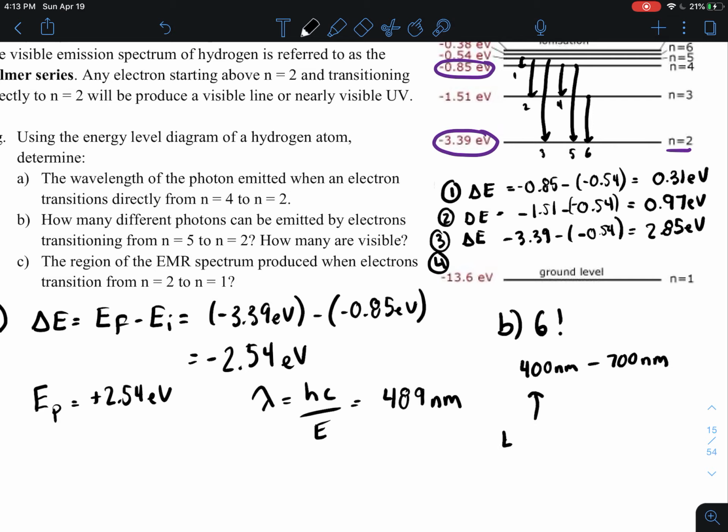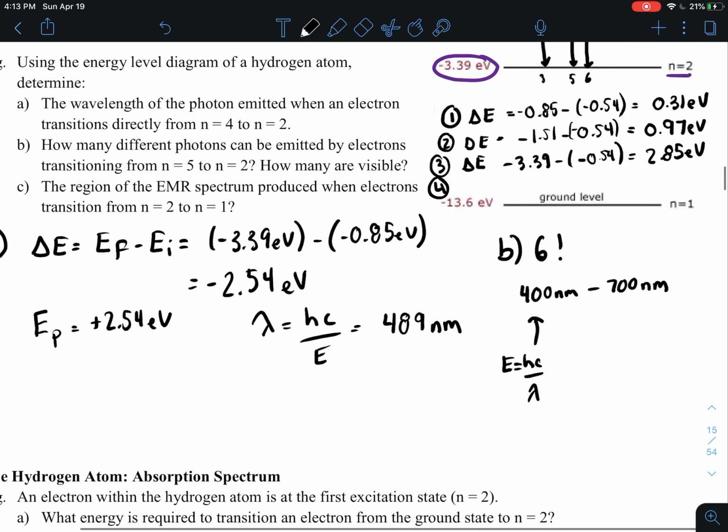Then what I would do is look at this and say, if E is equal to hc over lambda, I can solve for the energy of 400 nanometers: 4.14 times 10 to the negative 15 times 3 times 10 to the 8, divided by 400 nanometers.